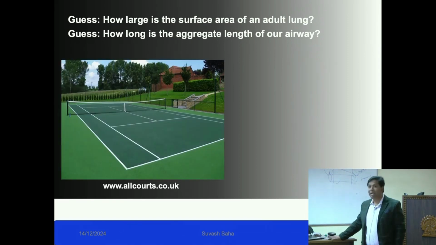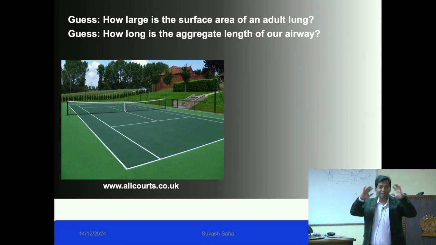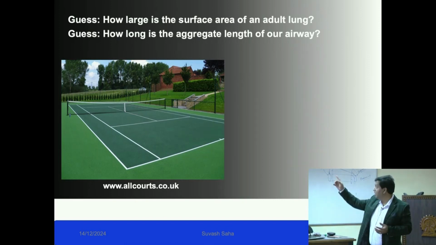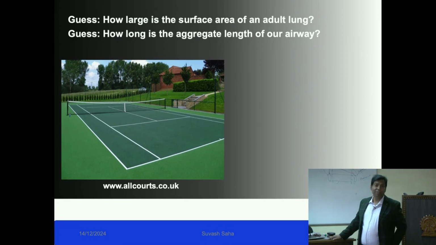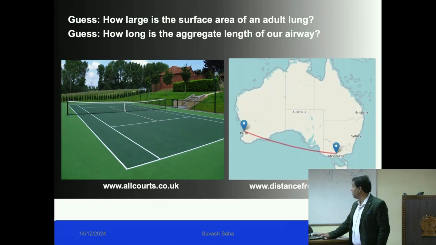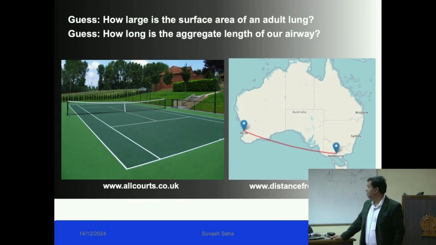The surface area is like a tennis court. If you combine all the surface area of a lung, it will be like a tennis court. And the length, if you connect all the airways, will be from Melbourne to Perth. So it is about 4,000 to 5,000 kilometers. So it's huge.